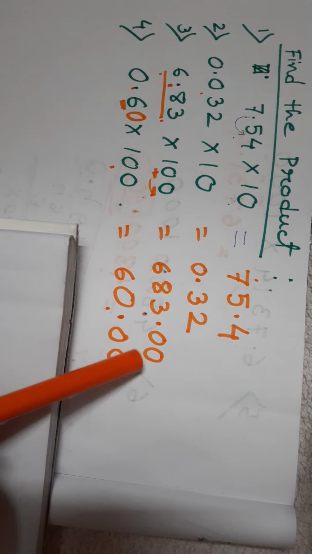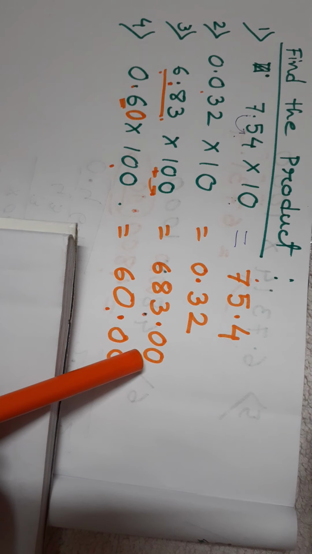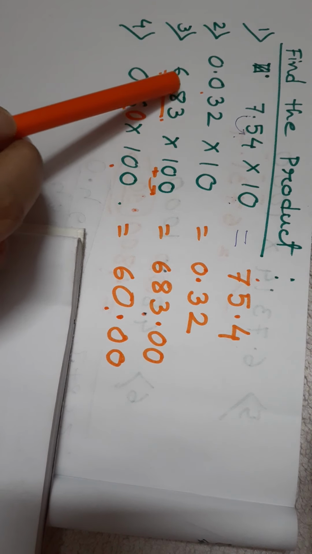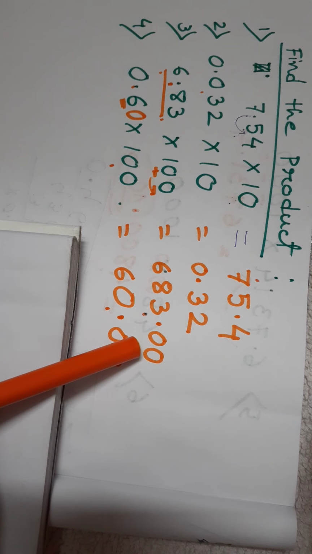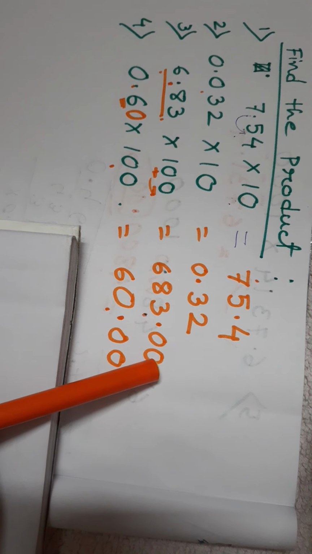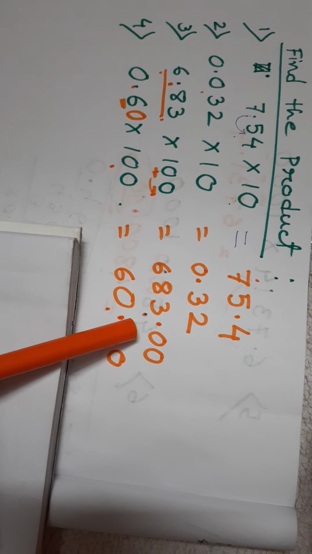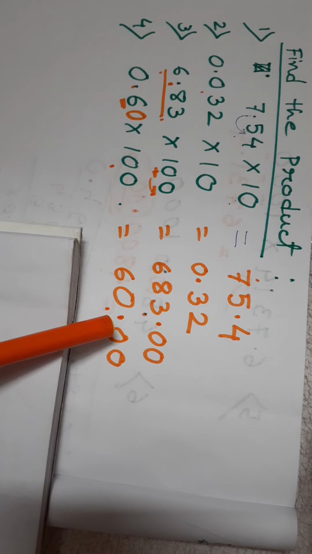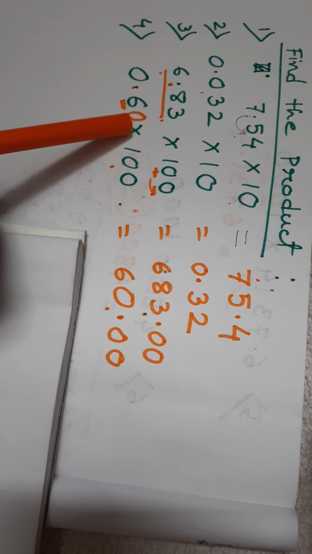If you are writing .00, actually I am giving these 2 zeros to make you understand that the decimal point is shifting from this position to this position. If you wish, you can ignore these 2 zeros and write the answer only as 683. That is also correct. I used these 2 zeros to make you understand that this decimal point is shifting from this place to this place.